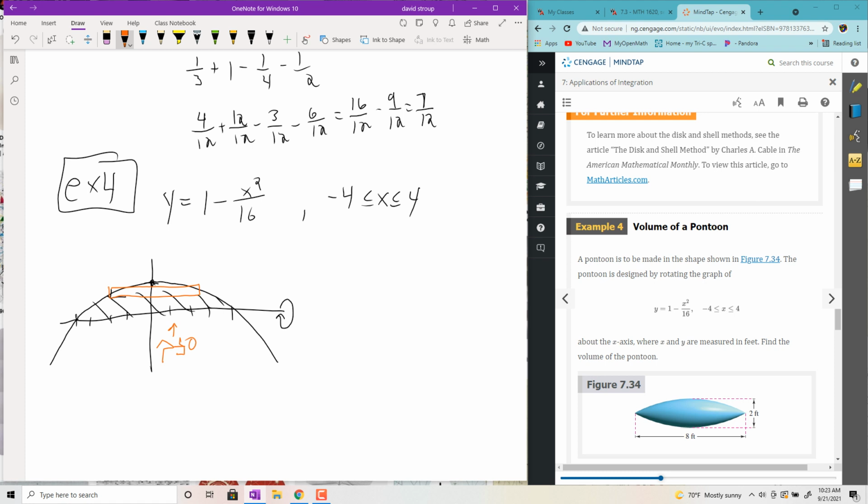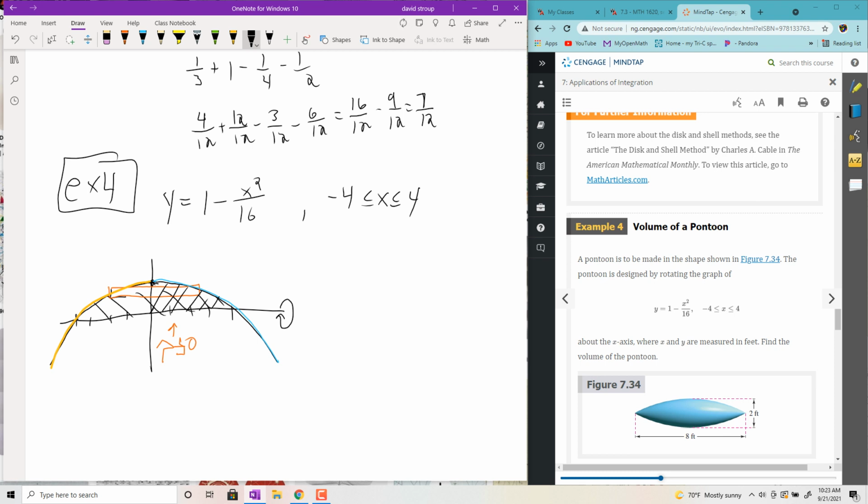It'd probably be easier to do it using the disk method, because the way it is now, you kind of need to solve for y, or rather solve for x, right? And it'll give you 2 branches, that blue one there, and then this yellow one. You could make it a little easier just by considering this region and then multiplying it by 2.